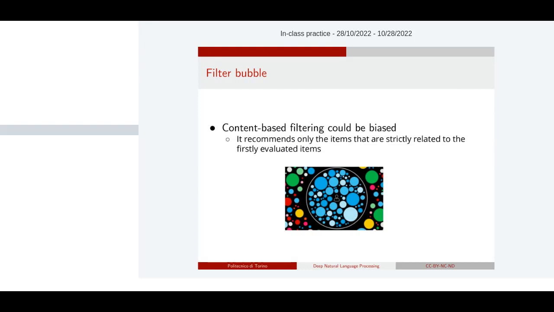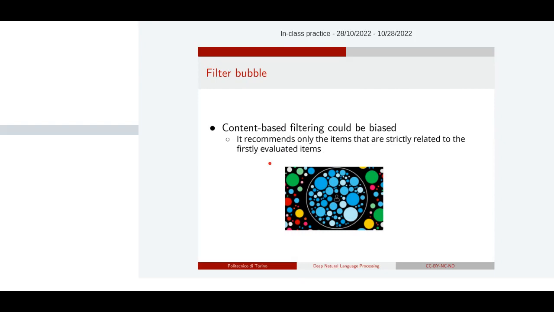Then you have some problems also related to content-based filtering, because if you filter the content based on their properties, the system tends to specialize, to put an overemphasis on some characteristics of the items that are strictly related to some key properties.